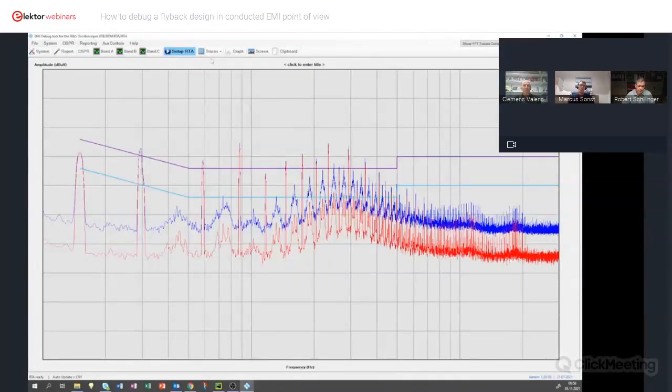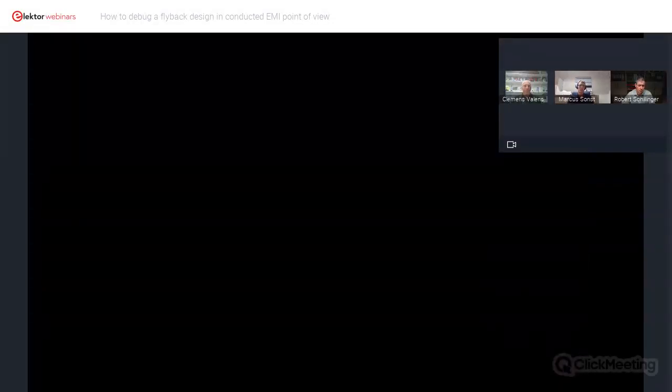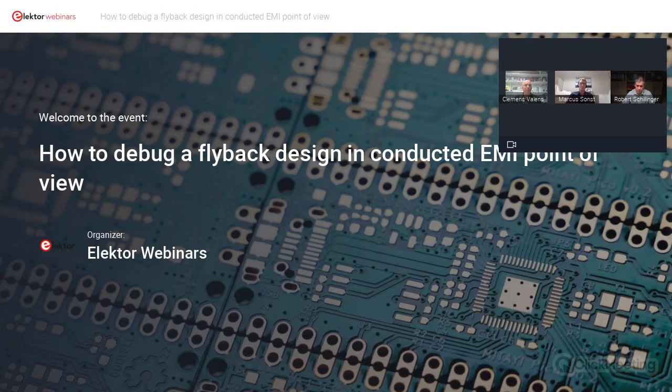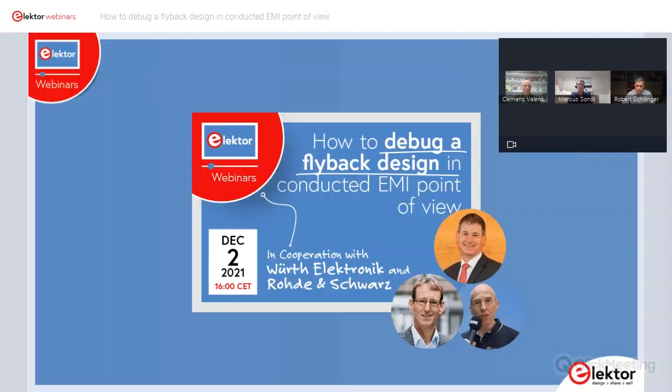And here now we have our spectrum, and of course we are exceeding the limits at the moment because no filter was used in this setup. So I think that was the demo from the EMI Debug Tool. And now we are coming back to the presentation.